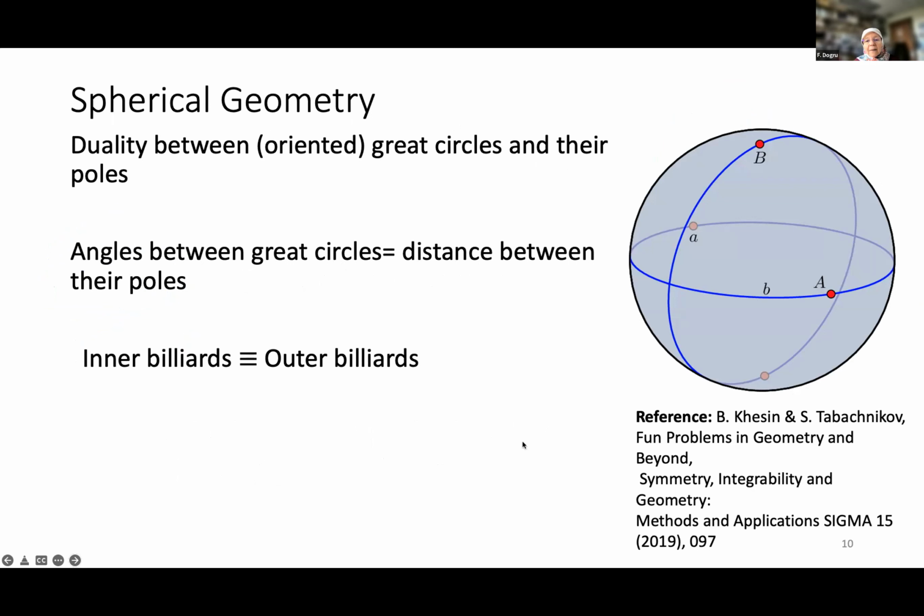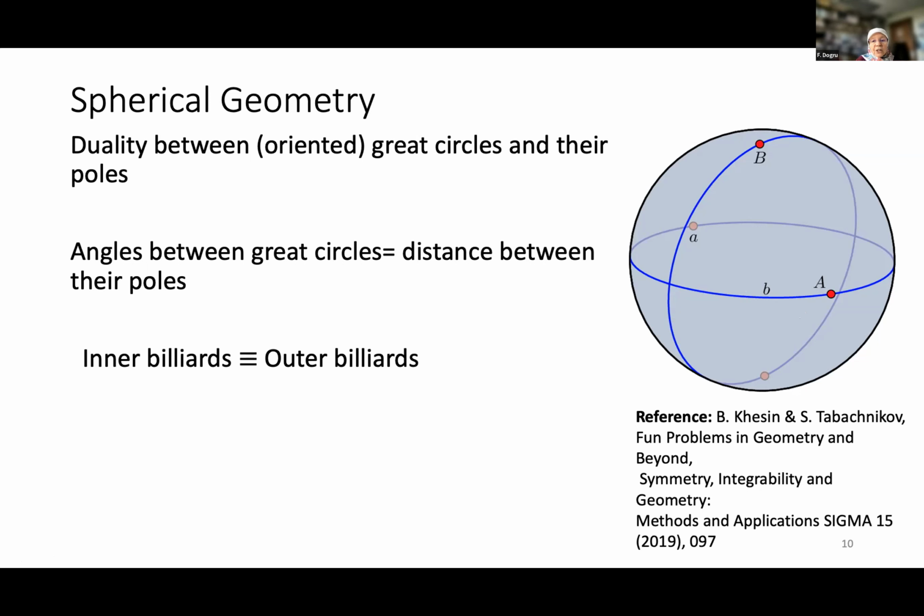I think the main idea in spherical geometry that all of us know is the duality between the great circles and the poles. Great circles are oriented, and then poles are picked after that. An angle in this geometry translates to area by the Gauss-Bonnet theorem, which links differential geometry with topology.